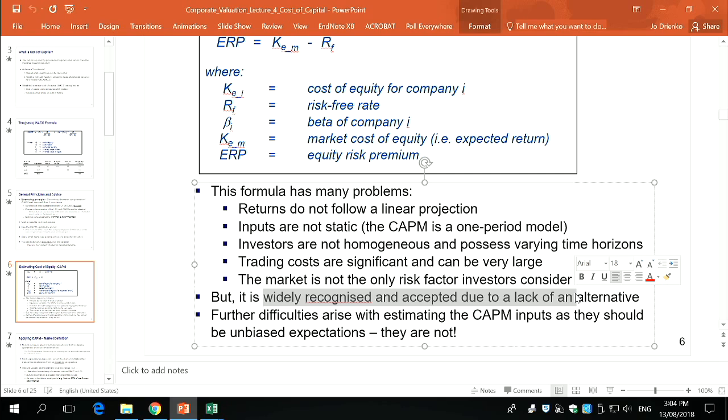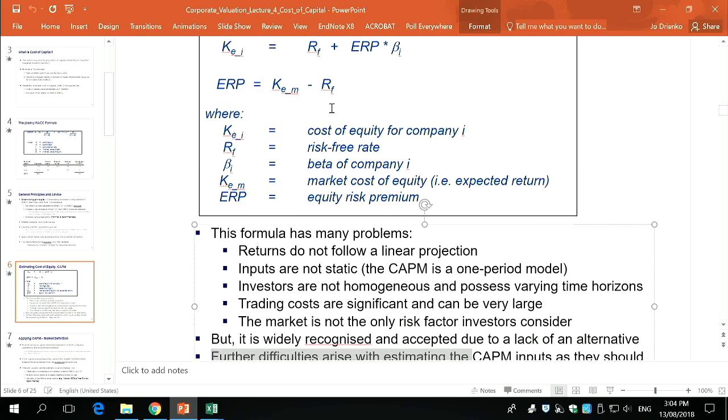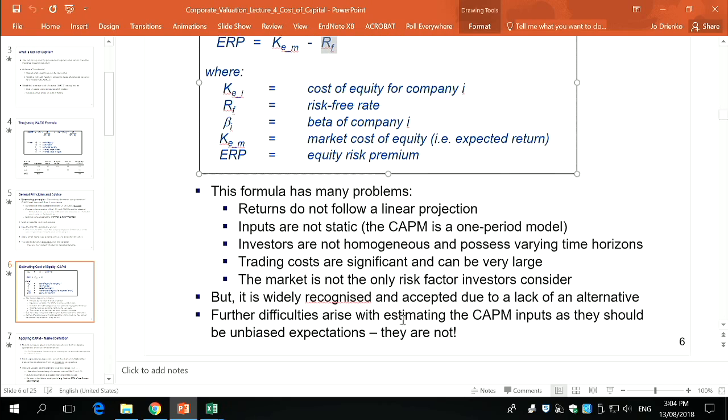Okay, and the last thing that sort of matters is the estimation of these inputs, and I think the gentleman sort of touched on this. It is not unbiased. How you estimate beta, we'll talk about that in a few slides, there's no rule that says estimate beta like this. You have to make a decision. The CAPM doesn't tell you how to estimate beta.